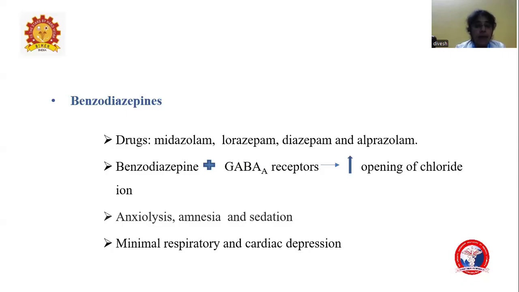Benzodiazepine, when it combines with the GABA A receptor, increases the opening of the chloride channel and then causes a hyperpolarization of the synaptic membrane and then it causes anxiolysis, amnesia, and sedation. The benzodiazepine drugs minimally affect respiratory and cardiac depression.